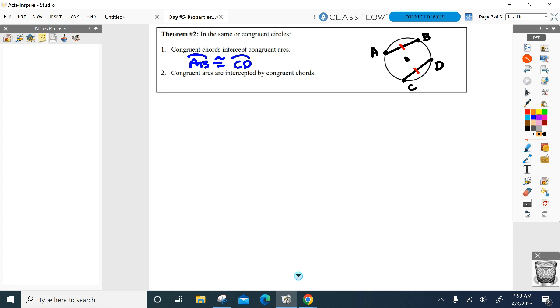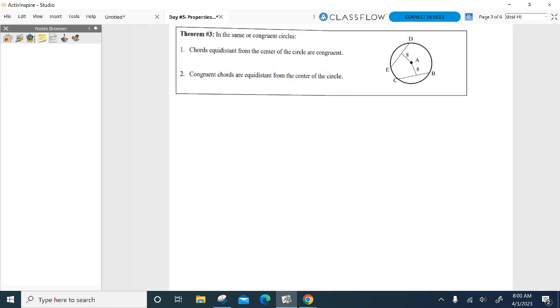We'll apply all these to some algebra problems in a second and proofs tomorrow. Chords are equal, so are the arcs. Any issues? All right. Let's see what's up next.